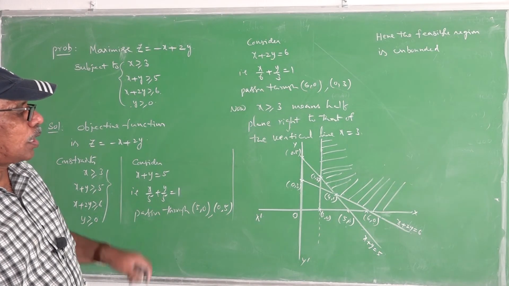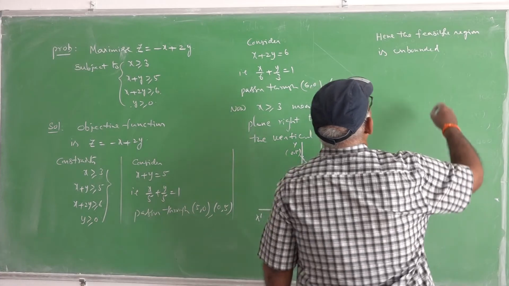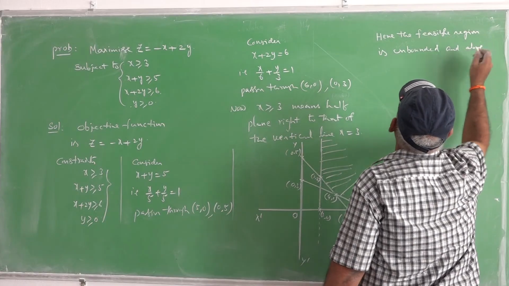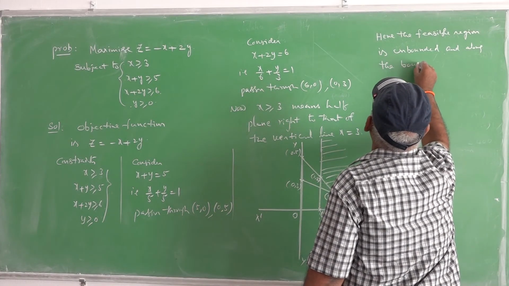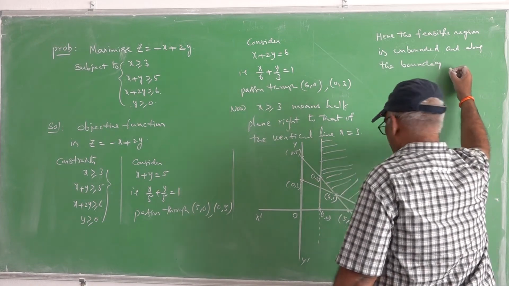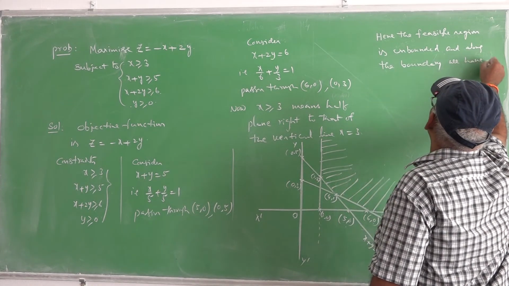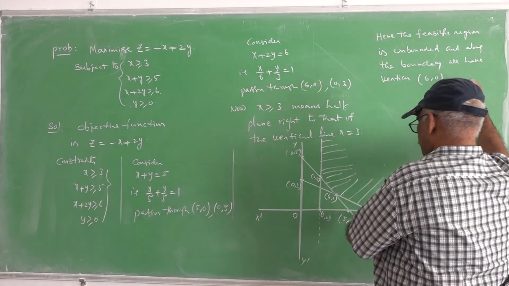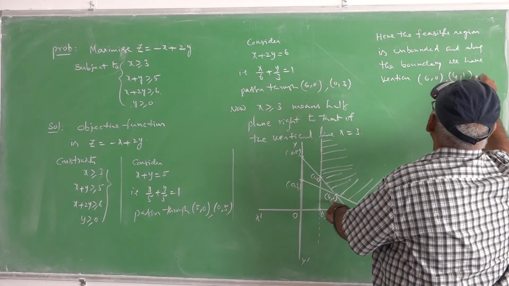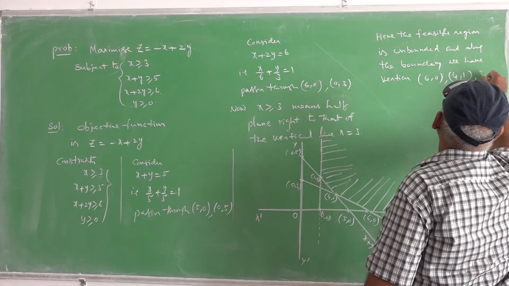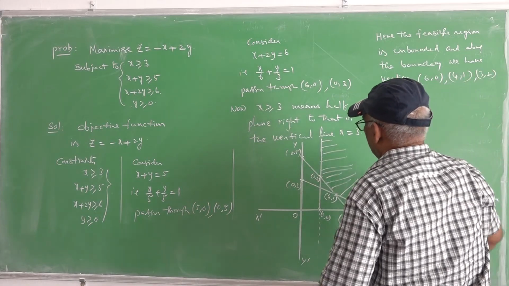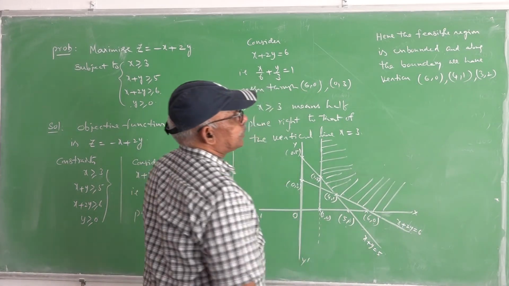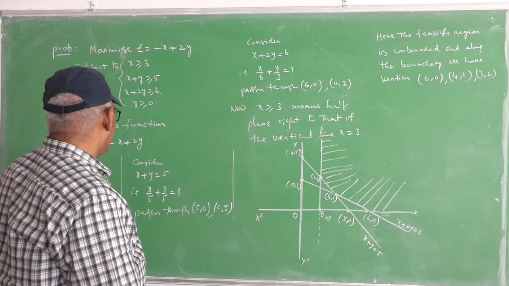Along the boundary of the unbounded region we have vertices: 6 comma 0, this is one vertex, and 4 comma 1 another vertex, and 3 comma 2 of course, and remaining no vertices at all. The vertices are 6 comma 0, 4 comma 1, 3 comma 2.